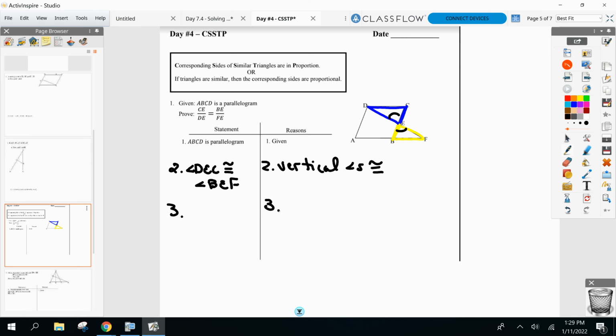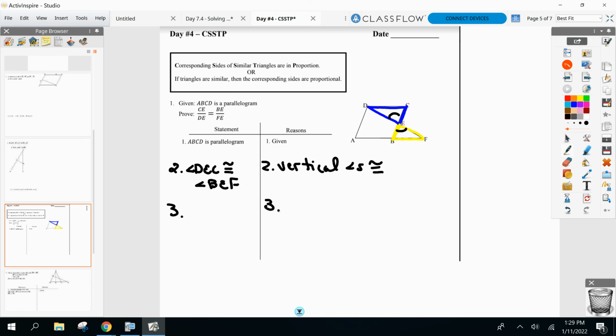Then now we can say it. So angle C is congruent to angle EBF because parallel lines imply alternate interior angles.